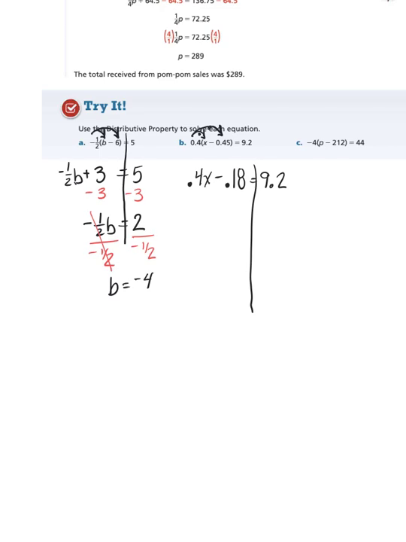Okay. Opposite of subtraction is addition. When you add those together, you come up with 9.38.